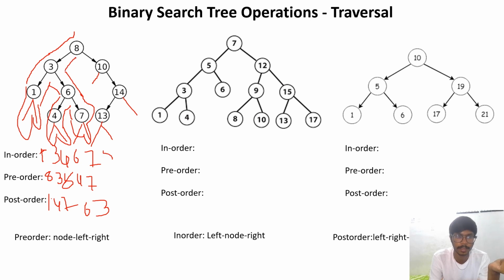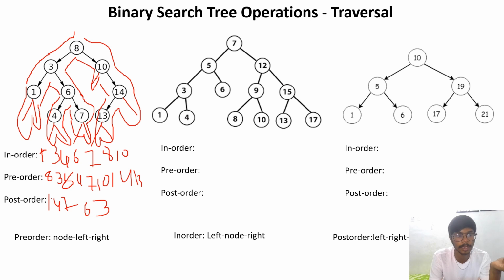Second time means in-order, and 10 for the first time. 10 for the first time means pre-order, and 10 for the second time means in-order, and 14 for the first time, and 13 for the first time. Like this, we go all the way. Lastly, we access the 8 for the third time, and we write the 8 here.